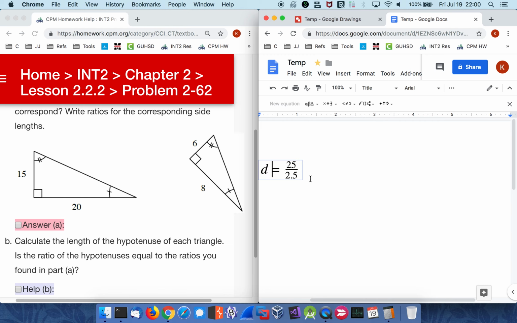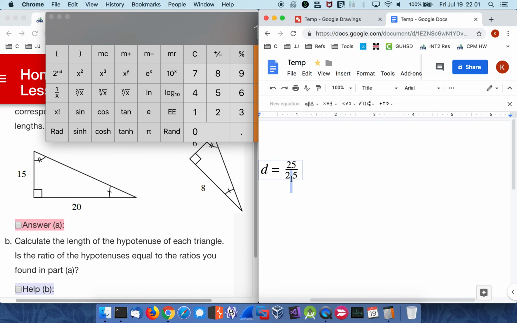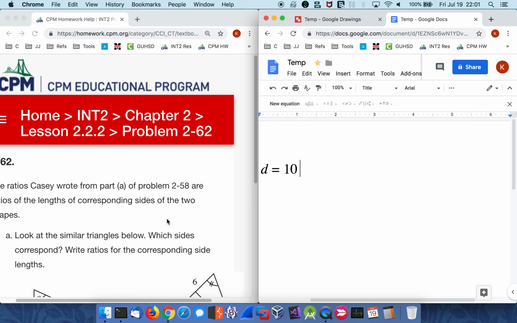That turns this side into d because those two cancel out. And then we have 25 divided by 2.5, which you can see because of the decimal, is just going to be 10, right? You can tell because you're just moving the decimal around. So that equals 10. And that's the answer we got using the Pythagorean theorem. Cool. That was pretty straightforward. All right, done with this one.